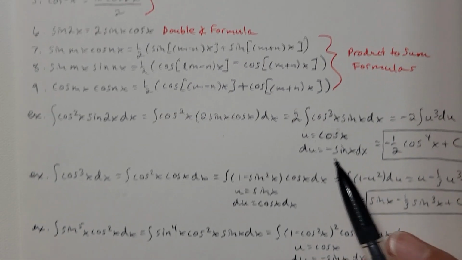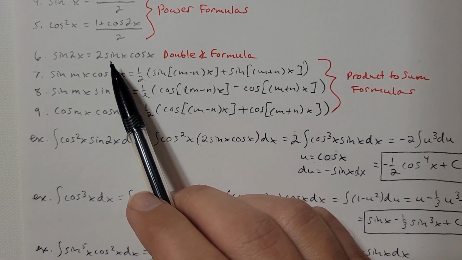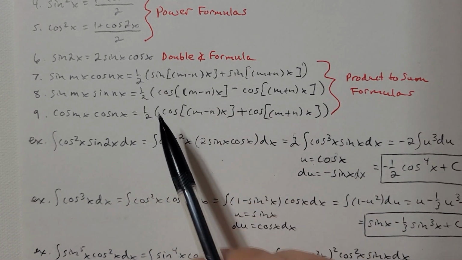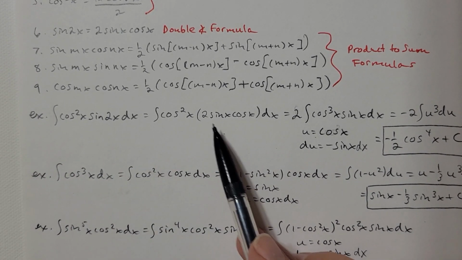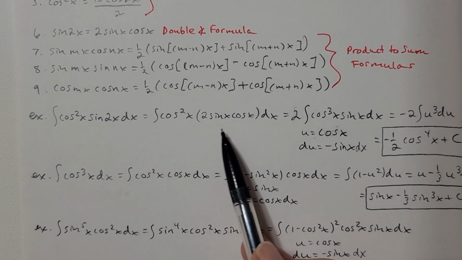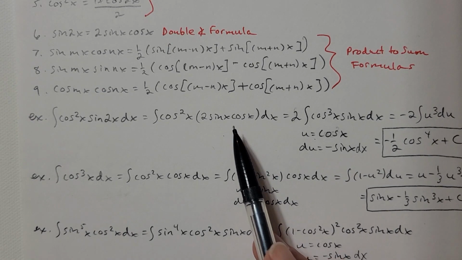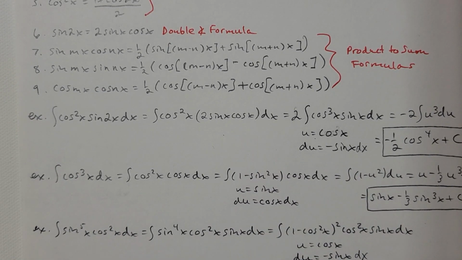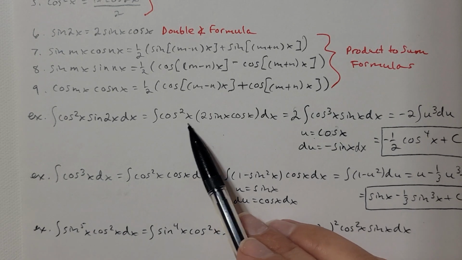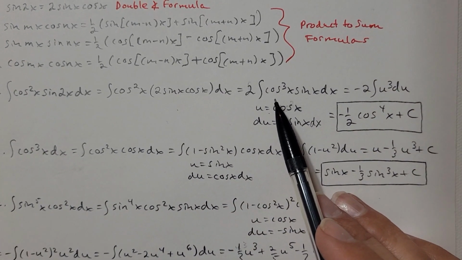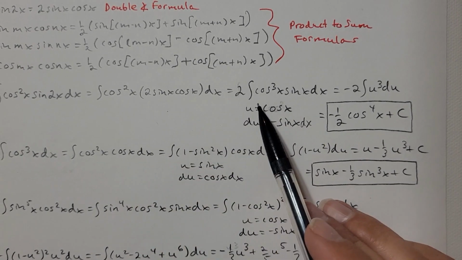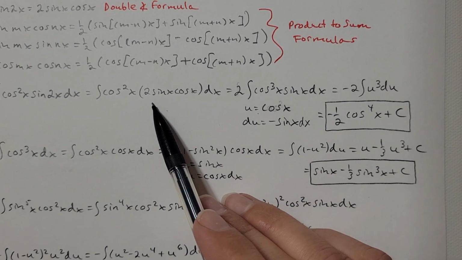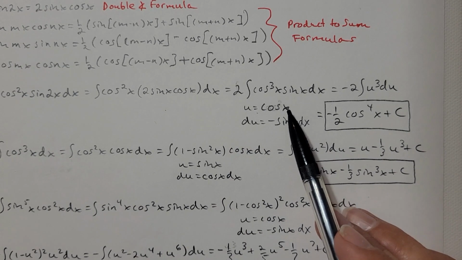So sine of 2x is the same thing as 2 sine x times cosine x, right? So where I see the sine 2x, I'm going to use that double angle formula and replace it with 2 sine x cosine x. Cosine squared x times cosine x is cosine cubed x. The 2 is a constant that can come outside the integral. And then I've got sine x dx at the end of the integral.